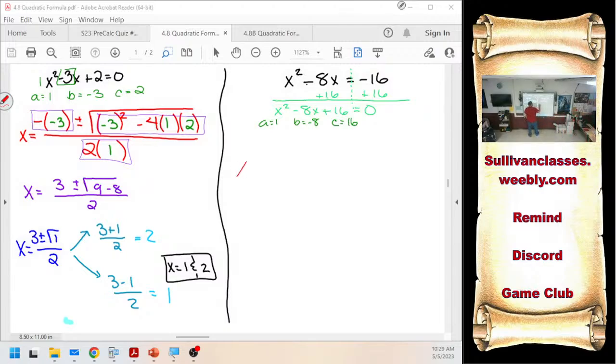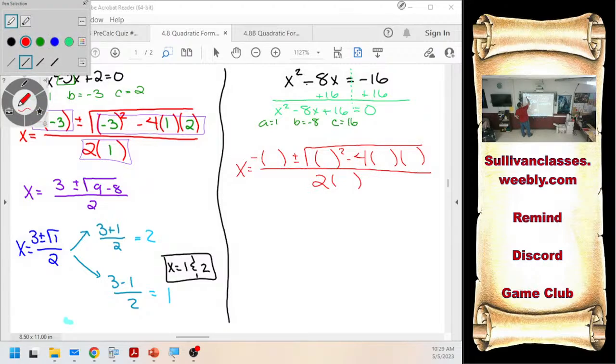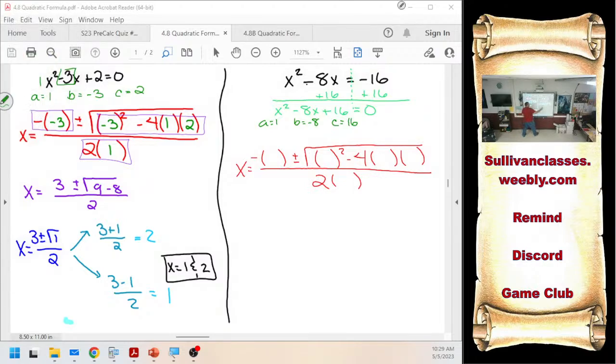So we say x is negative thing plus minus thing squared minus 4 thing square root all over 2a. Everywhere that there was a b, it's now a negative 8. Everywhere that there was an a, now it's a 1. Everywhere there was a c, now it's a 16.